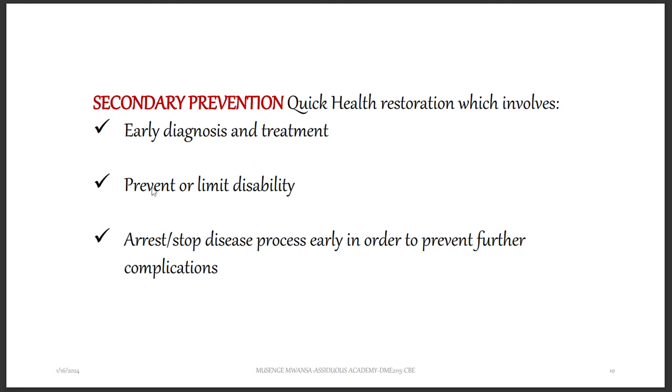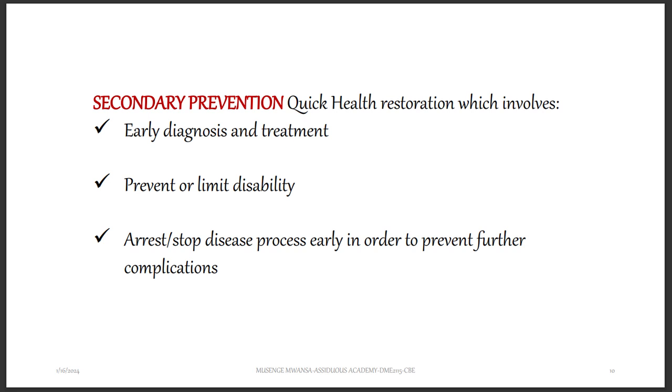This is important because you are going to be able to prevent or limit disability before the disease becomes worse. In secondary prevention here, there is an arrest, or you want to stop the disease process early in order to prevent further complications, because with some diseases, immediately you allow them to grow more or to mature more, they become worse every time.